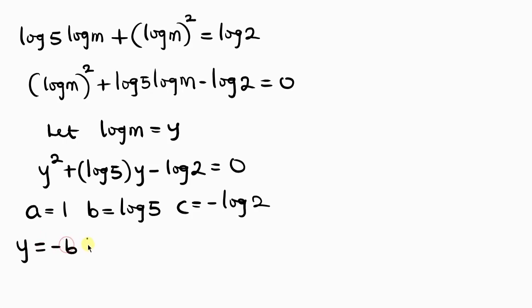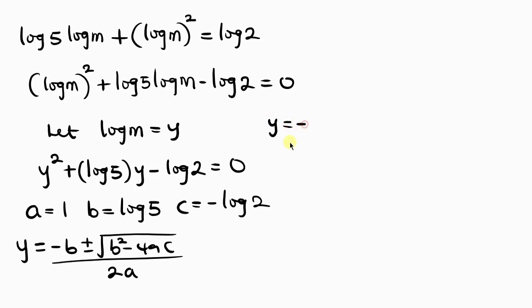So the quadratic formula we're using is y, since we're looking for y, is equal to negative b plus or minus the square root of b squared minus 4ac, all over 2a. So let's go ahead and substitute this inside of this quadratic formula. So this becomes y equal to negative b.